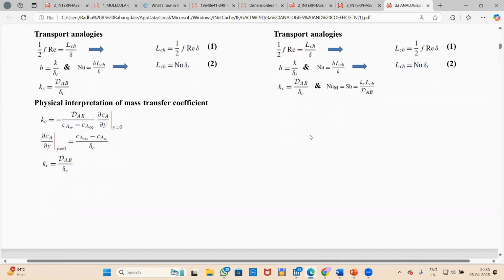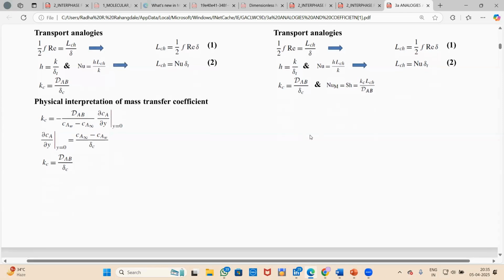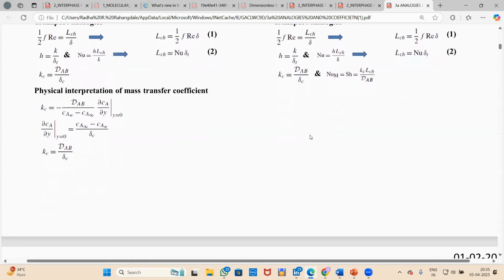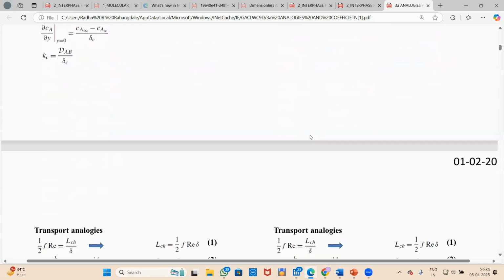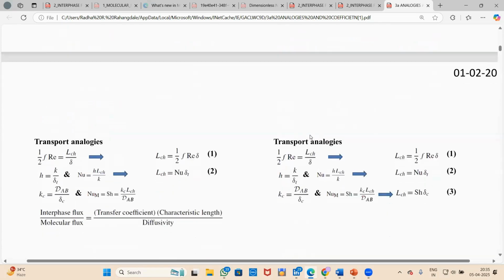Again, from dimensionless numbers, we got the idea that Sherwood number is equal to k_c into L_CH by D_AB. This number can also be called the Nusselt number in mass transfer. So finally equating k_c is equal to D_AB upon delta_C and Sherwood number is equal to k_c into L_CH by D_AB, we get L_CH is equal to Sherwood number into delta_C, where delta_C stands for mass transfer boundary layer thickness.